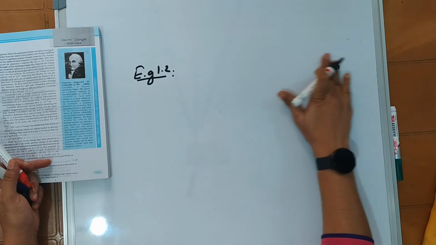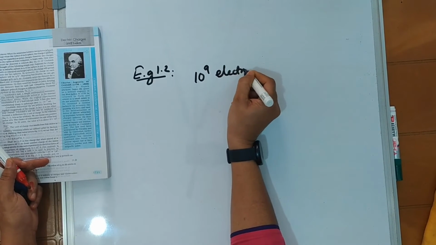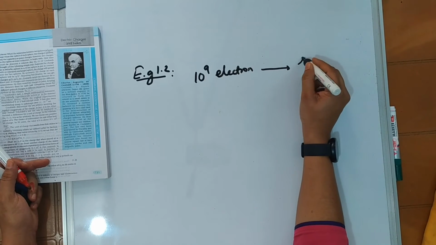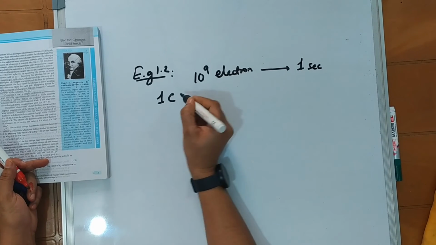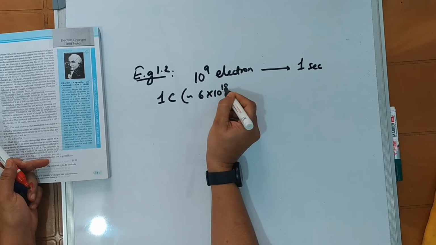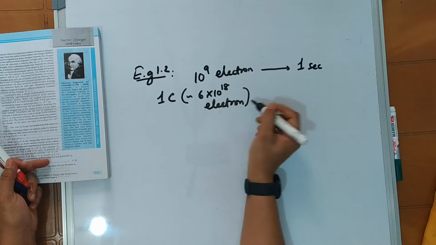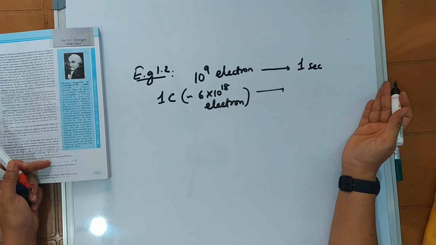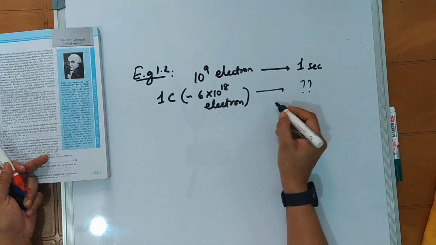So I can write the same statement as: 10 to the power 9 electrons move out from one body to the other in 1 second. Then 1 coulomb has approximately 6 into 10 to the power 18 electrons, protons or holes. So this many electrons will go to the other body in what duration?